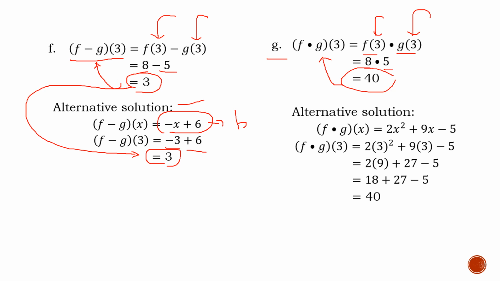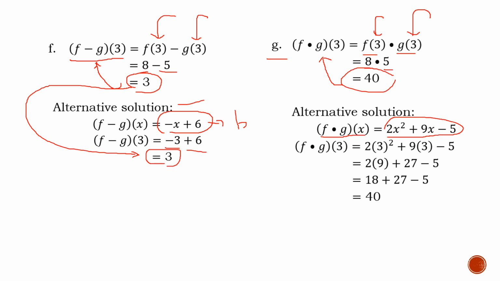So for your alternative solution here, your f multiplied by g of x is equal to 2x squared plus 9x minus 5 from our previous example, which is your letter C. So we simply use the resulting value from your letter C, then we apply the value 3 as our replacement for your x.